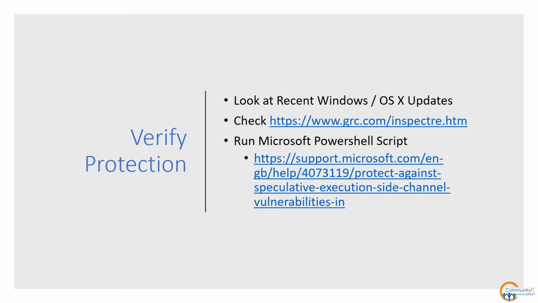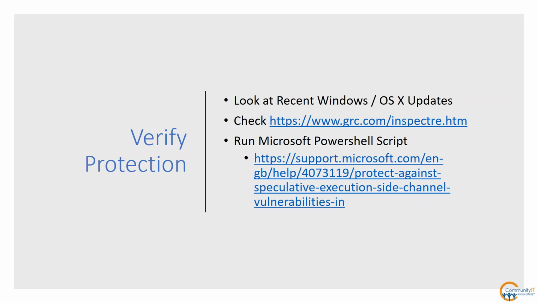The next one is a Microsoft PowerShell script, which provides another level of information, and it also allows us to incorporate that testing into a management system if we're using one. If you go to that link, Microsoft provides a couple of quick commands that you can use to install the PowerShell module and then quickly run the command, and it quickly assesses and breaks down: is the Windows update installed, is the hardware update installed, are the mitigations enabled, and if they aren't enabled, why aren't they?